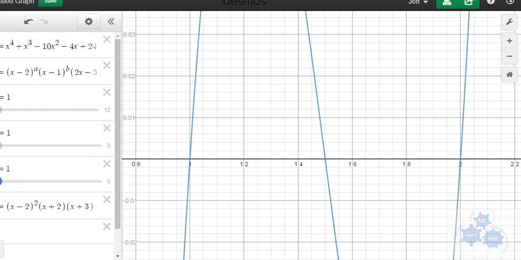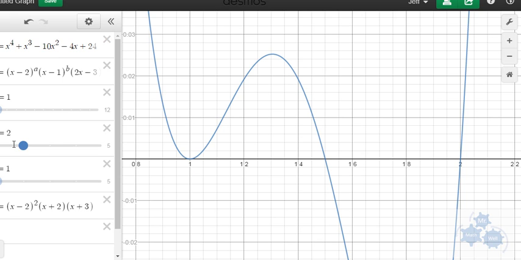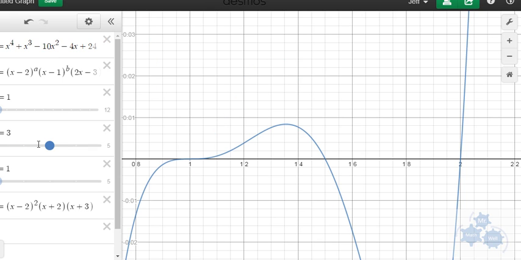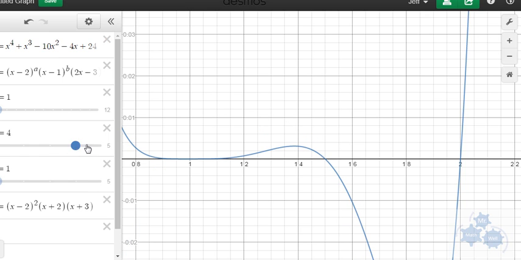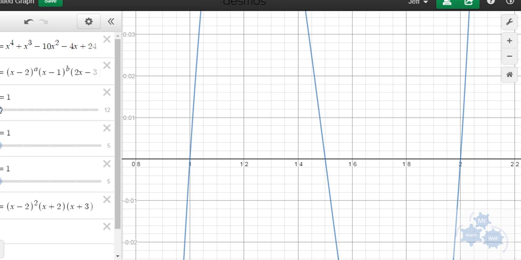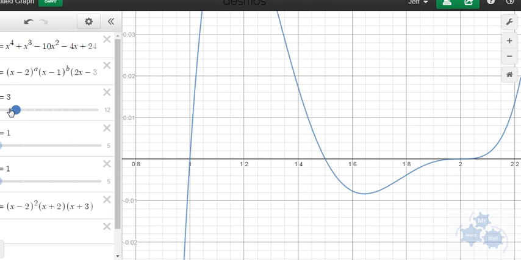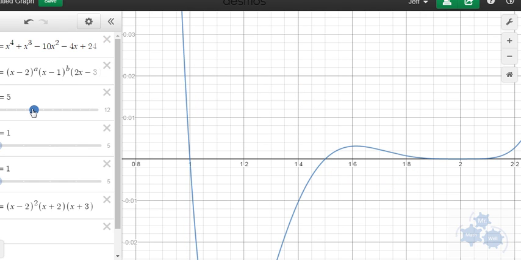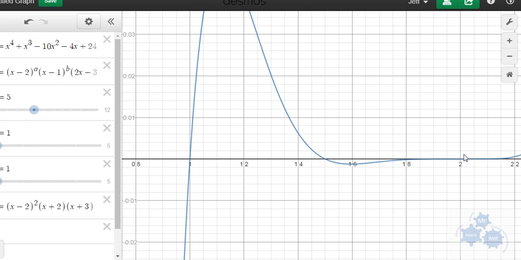And of course, we could do that for the other ones as well. There's 2. There's 3. I'm looking at this 0 right now. There's 4. There's 5. And the other one, there's 2. There's 3. There's 4. There's 5. So we're looking at this 0, right?